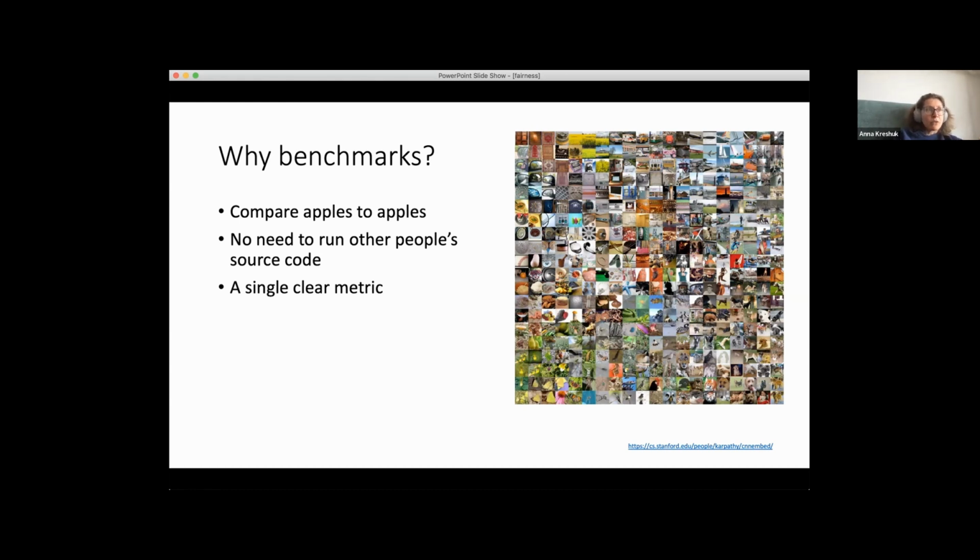You don't need to have arguments about, oh, they didn't run it properly, or they didn't readjust the hyperparameters, we are actually better. The leaderboard is public. You can really show that you are state of the art. There is a single clear metric of you being better than everyone else. It's the ticket to publication in the computer vision world.